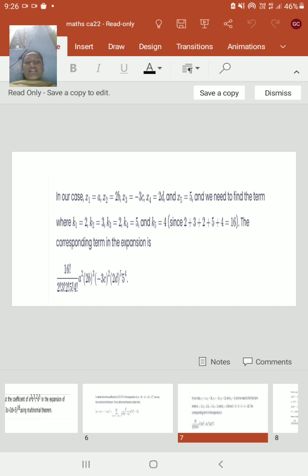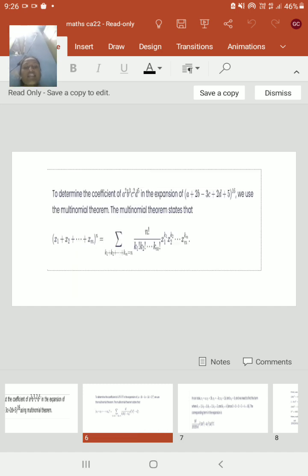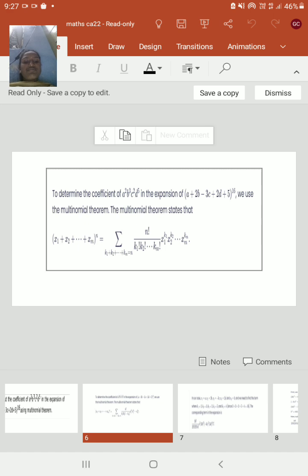In our case, let's compare the equation and the given problem. Take x1, x2, x3 from the equation a plus 2b minus 3c plus 2d plus 5. In place of x1 we have a, in place of x2 2b, in place of x3 minus 3c, in place of x4 2d, in place of x5 5.